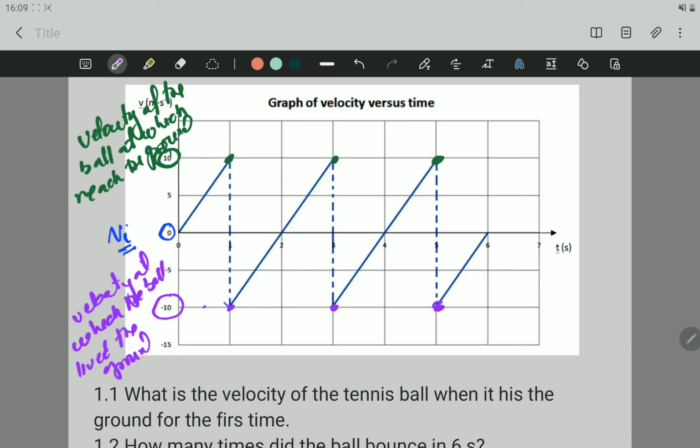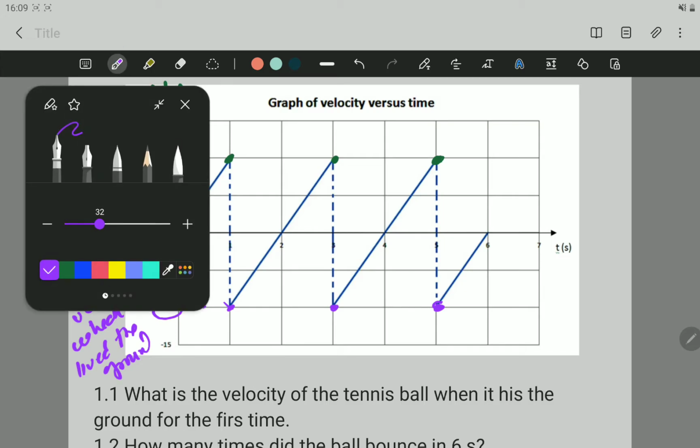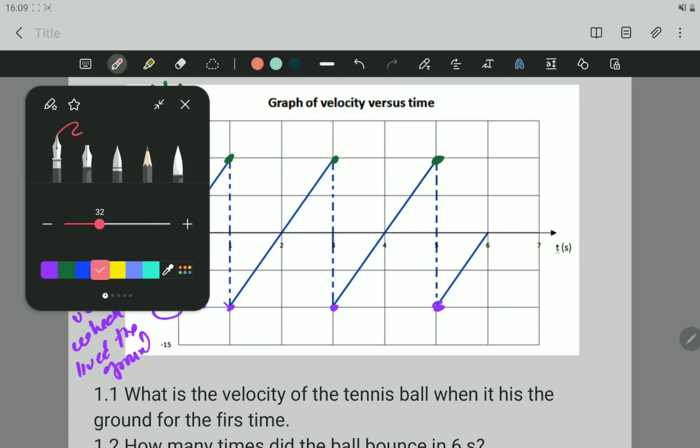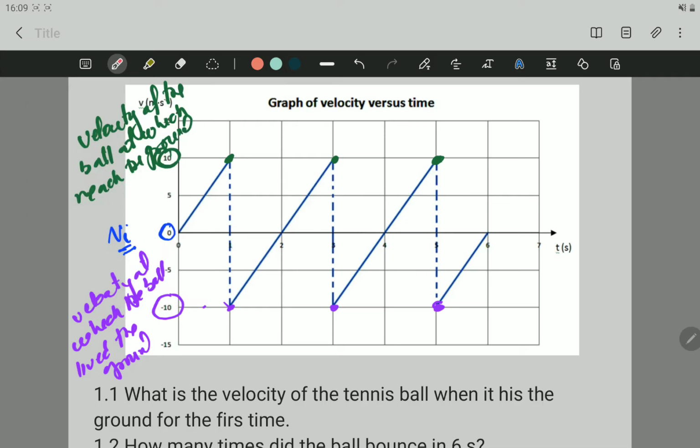That is important. So the ball is dropped from a velocity of 0 and moves downward, hits the ground at a velocity equal to 10 meters per second, changes direction, bouncing with the ground, and then it leaves the ground at a velocity of 10 meters per second.